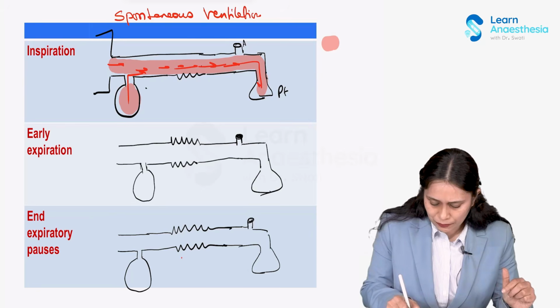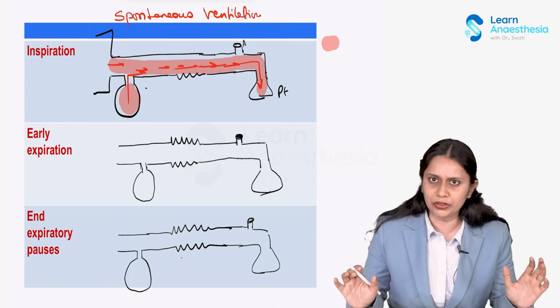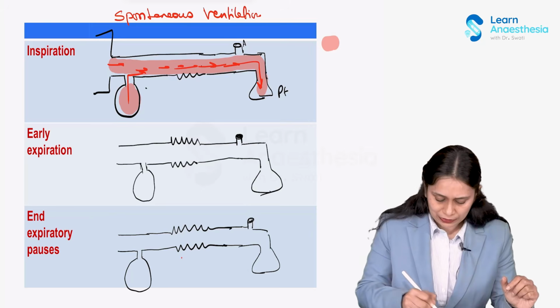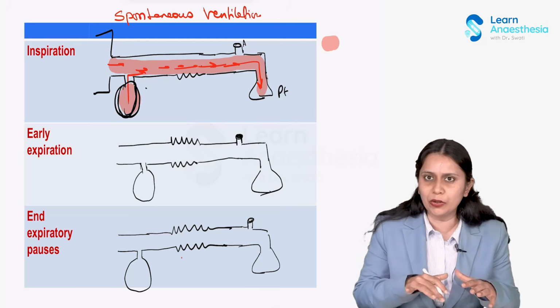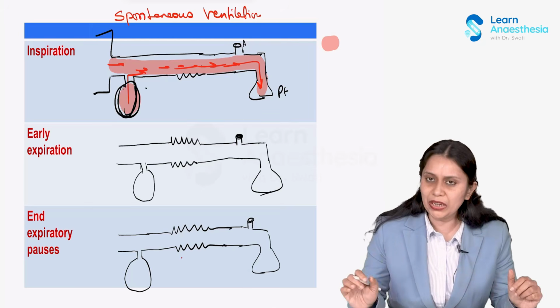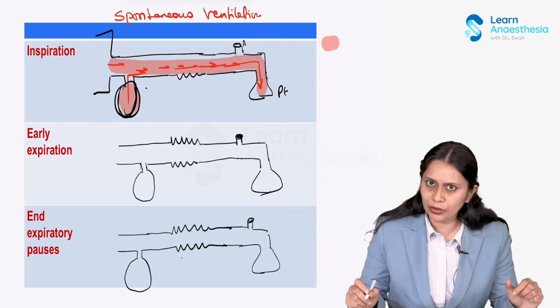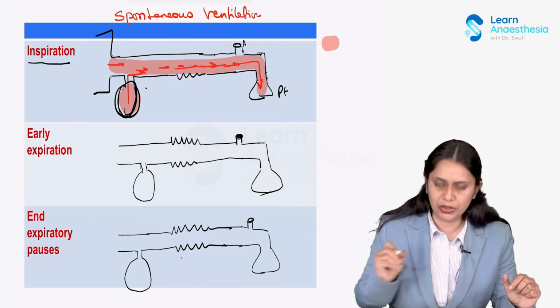It moves towards the patient. The circuit is filled with fresh gas. When this happens, this bag collapses. So this results in the collapse of the reservoir bag, because the fresh gas is taken by the patient. This is happening during inspiration.